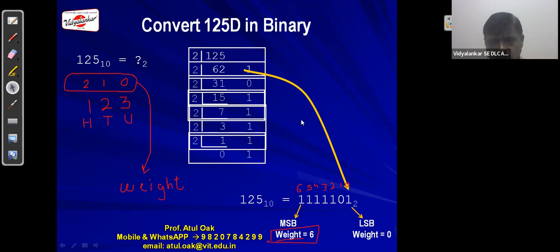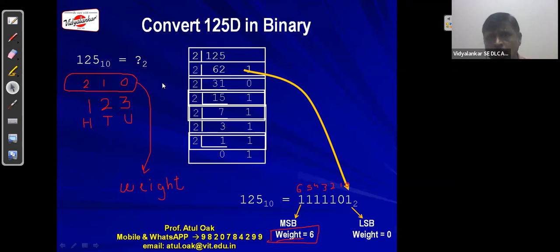I have one question, and that question is from Shivansh. How will you define a weight? The answer is that weight is the position of a bit or digit.